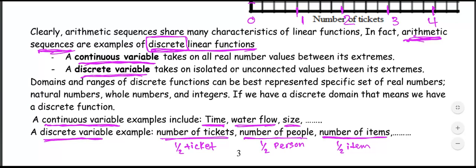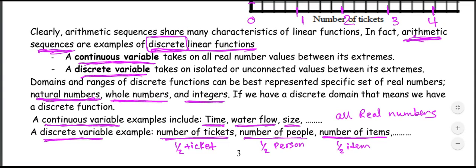So basically, with continuous variables, we take all real numbers to represent the variable. But for a discrete variable, we can represent the variable by natural numbers, 1, 2, 3, without the negative numbers, no rationals, or by whole numbers with 0. We can use the integers, negative numbers and positive numbers without rationals.